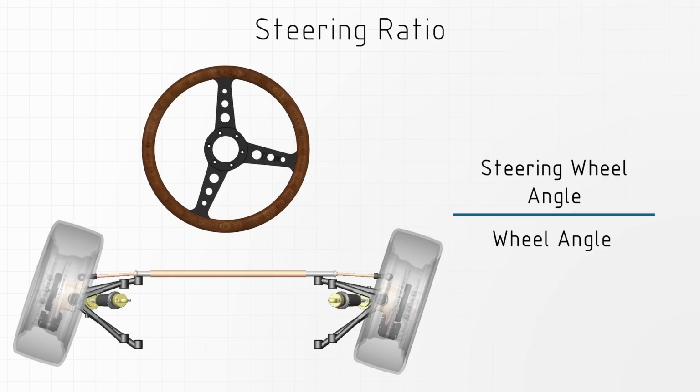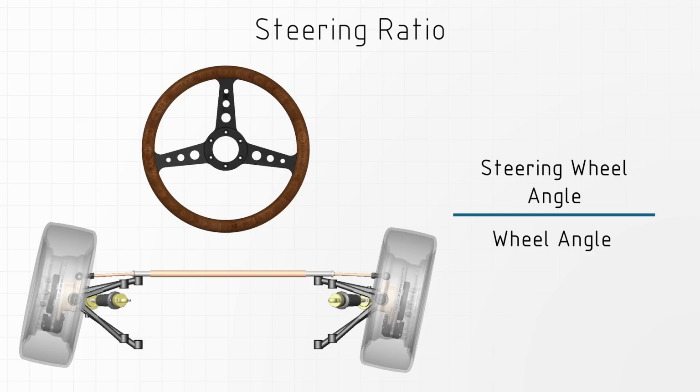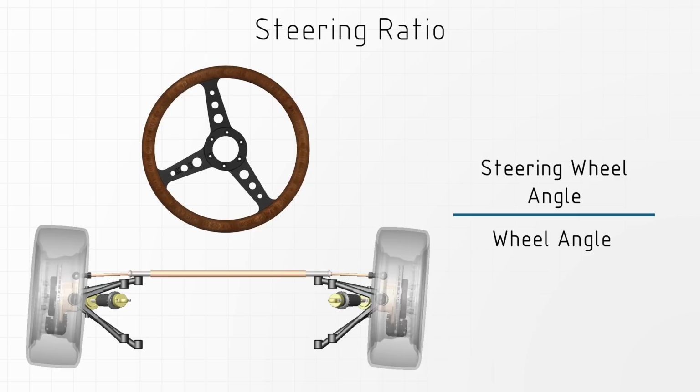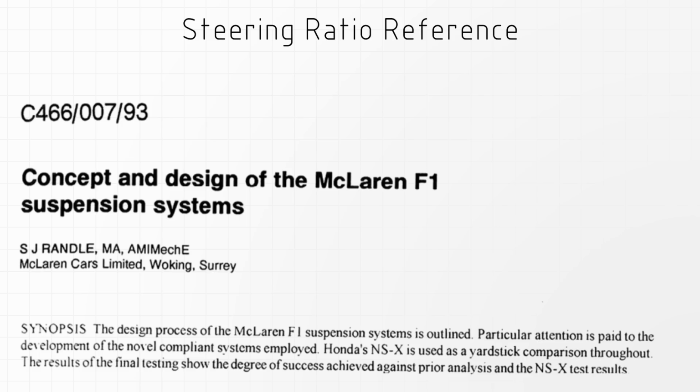So a big question is, what would be an acceptable steering rate for a sports car? And here is where I would like to reference a paper written by one of the engineers working on the McLaren F1. In this paper, amongst many other things, they collect a few benchmark vehicles to consider the overall steering ratio.